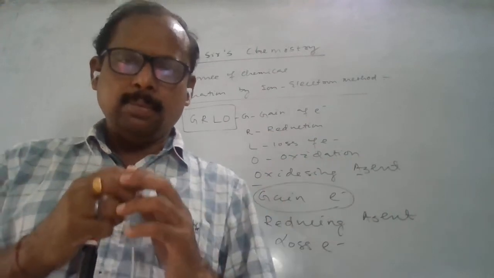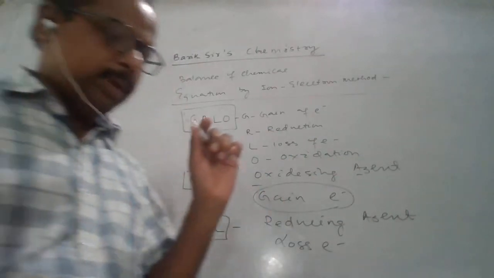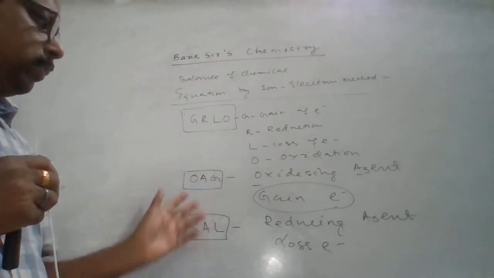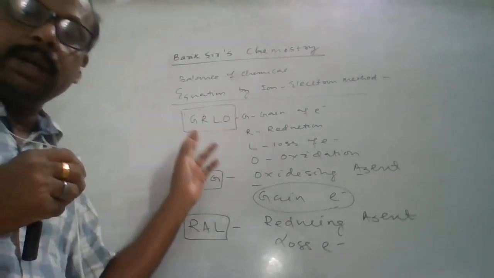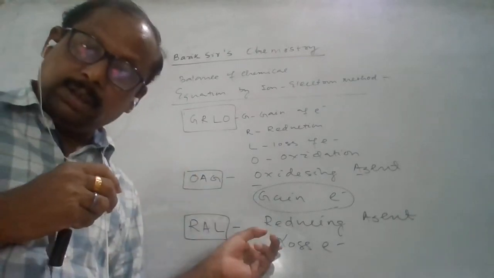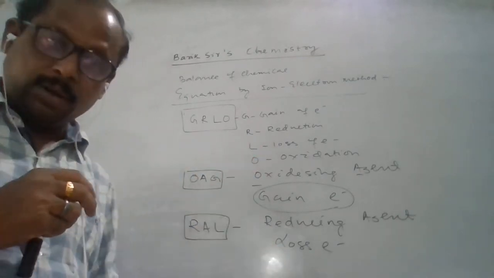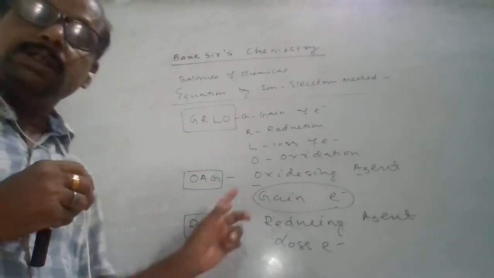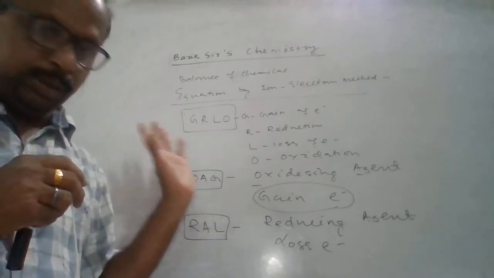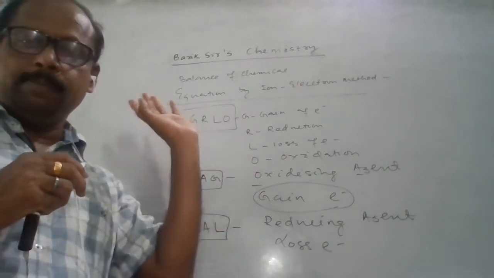For this chapter, these three words you have to remember: GRLO, gain reduction loss oxidation; OAG, oxidizing agent gains electron; and RAL, reducing agent loses electrons.